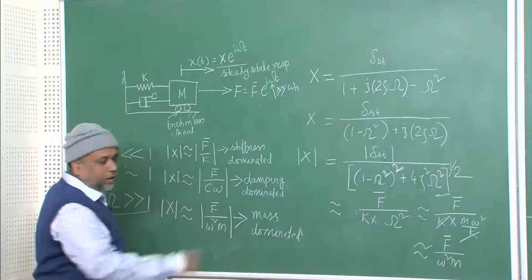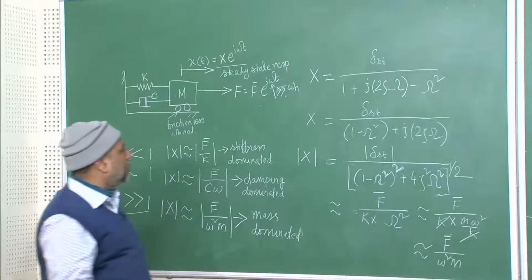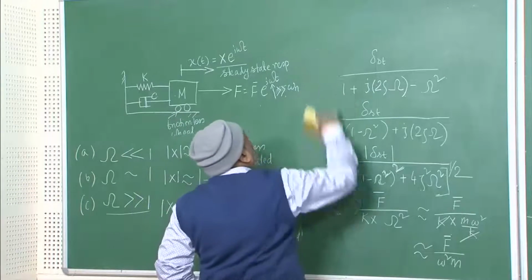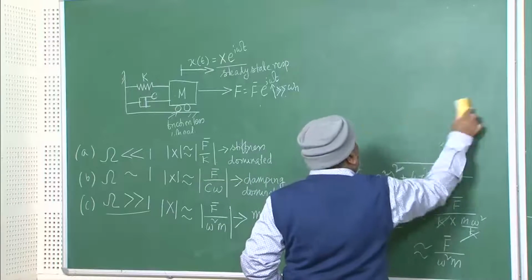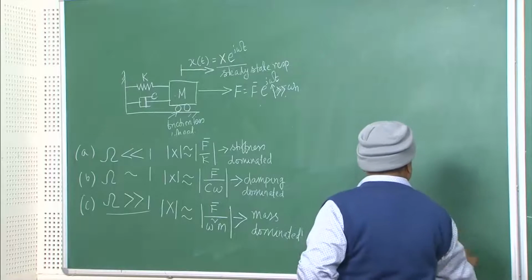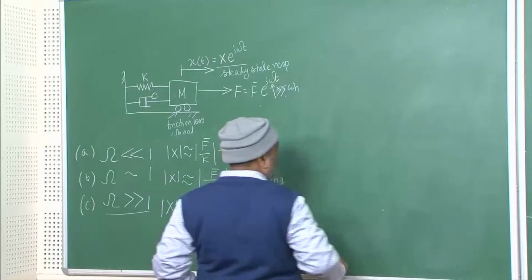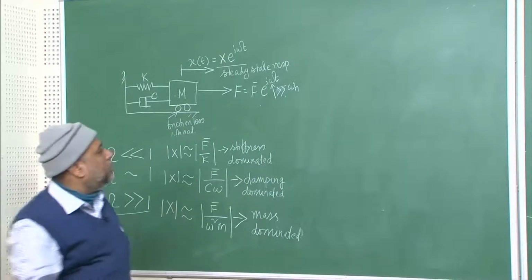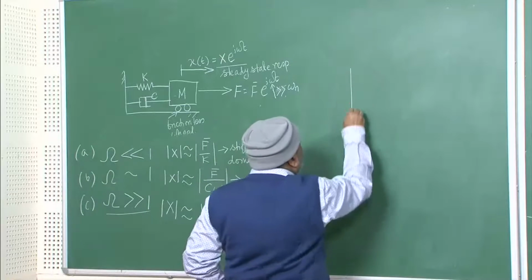So, if I try to sum up this total result in terms of the transfer function representation of the system, this clearly tells us that there are 3 regions here.